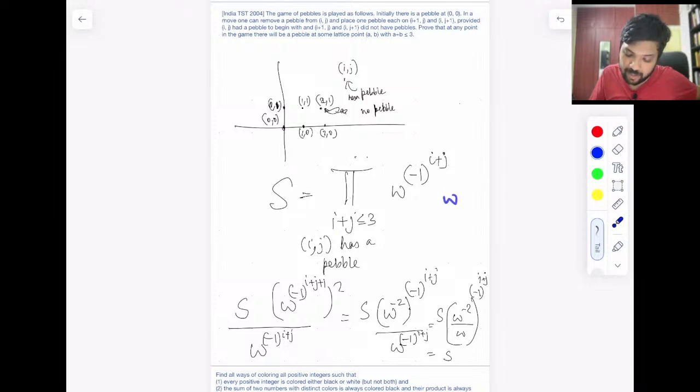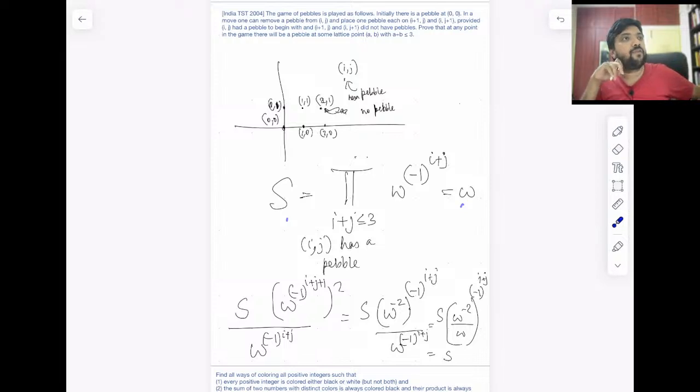It's omega power minus 1 power 0 plus 0. Minus 1 power 0 plus 0 is 1. This entire quantity is 1, and omega power 1 is omega. So therefore, we know that for this problem, when there is only one pebble at 0, 0, S is omega. So since it's an invariant, no matter what moves you make, S will remain omega, right?